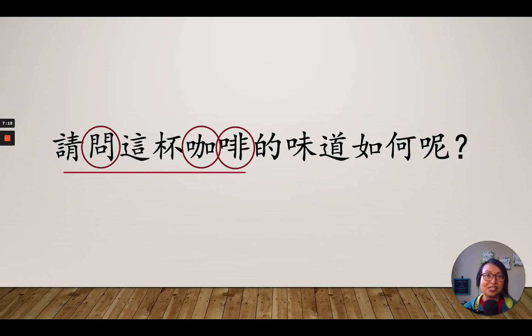A lot of words that are expression words also have the 口 as the radical. So, 咖啡, I guess it makes sense. When we are drinking coffee, we use our mouth. So, 咖啡, both have this radical.